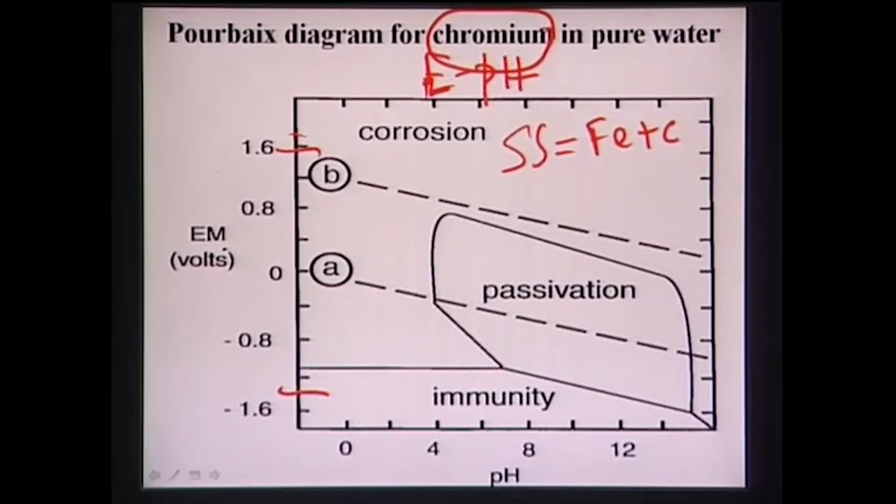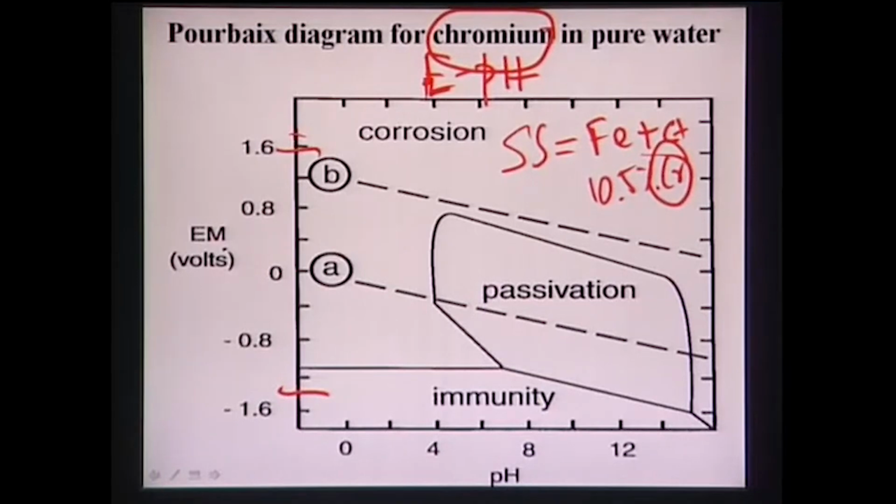If carbon is not there, you cannot call it steel. And stainless steel means at least 10.5% chromium must be there, and this is the chromium which gives the steel the required corrosion resistance properties. So therefore it is important to find out what the stability of chromium is, for example in pure water, as far as the Pourbaix diagram is concerned.